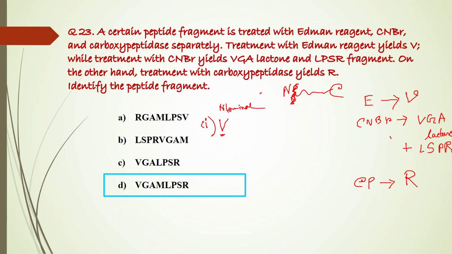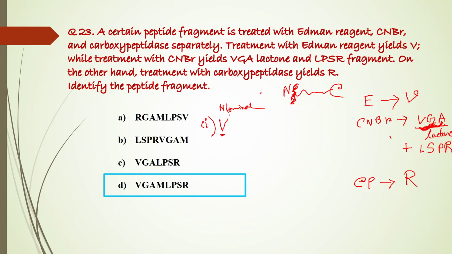Now the next part. CNBr is giving you two portions. After CNBr treatment, one part you are getting VGA lactone, another part you are getting LSPR. First of all, as you can already see, in one part you are getting VGA lactone. That means after V you can already see G is sitting after V and A is sitting after G. This sequence you can already see.